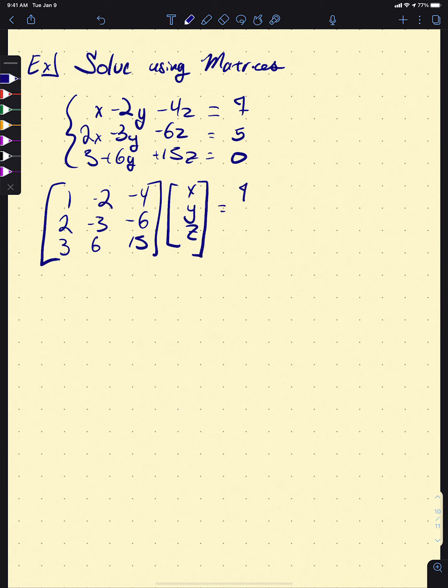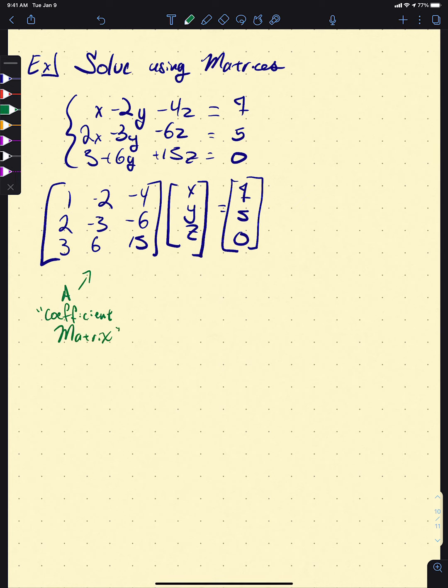And it's going to equal 7, 5, 0. And this guy is called our coefficient matrix. Right now we'll just call him A. But if you hear me or anyone reference a coefficient matrix, that's this guy, okay? Let's say we'll call this guy X, and we'll call this guy B, okay?